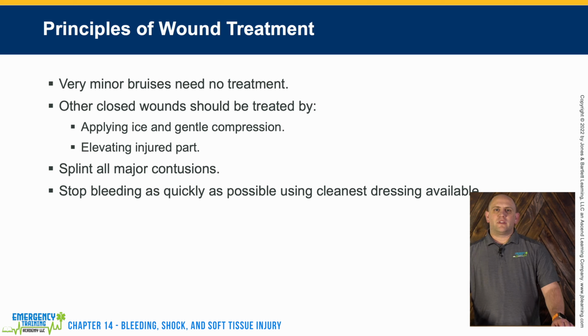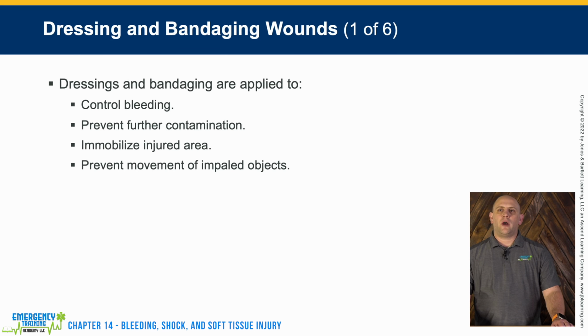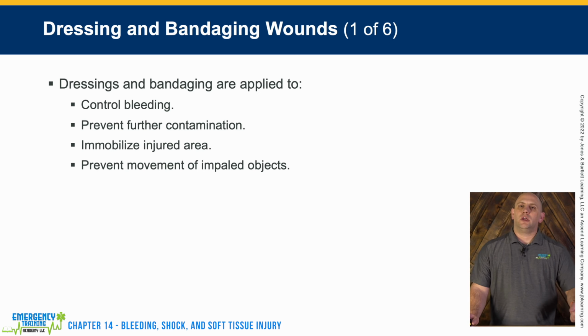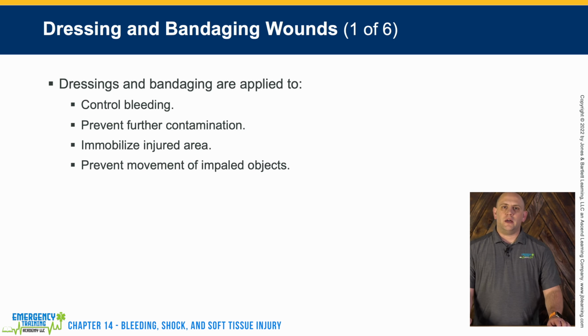Here are some of those different sizes. If you have placed a dressing on a wound and it continues to bleed after you have applied compression, you can add additional gauze over the original dressing, with the caveat, like I said, that if you're using combat gauze, you need to replace that initial dressing.